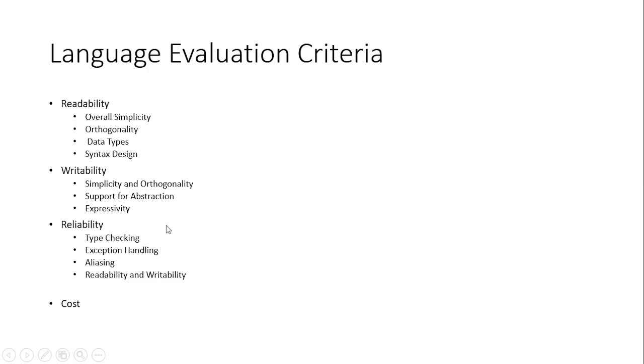And we have reliability, that is type checking, exception handling, aliasing, readability, and writability, then cost. Some of these characteristics are very broad and somewhat vague, for example writability. But other characteristics are very specific language constructs, such as exception handling.